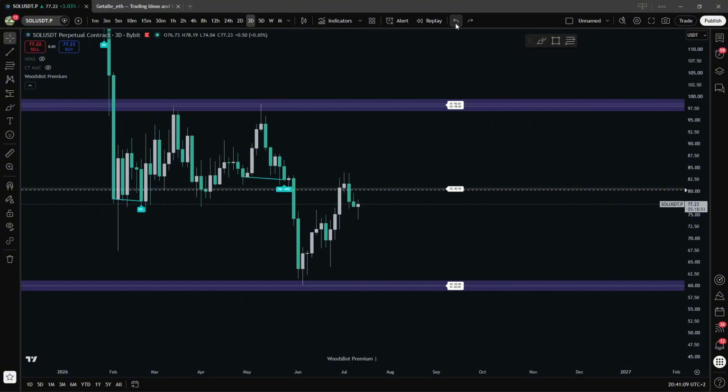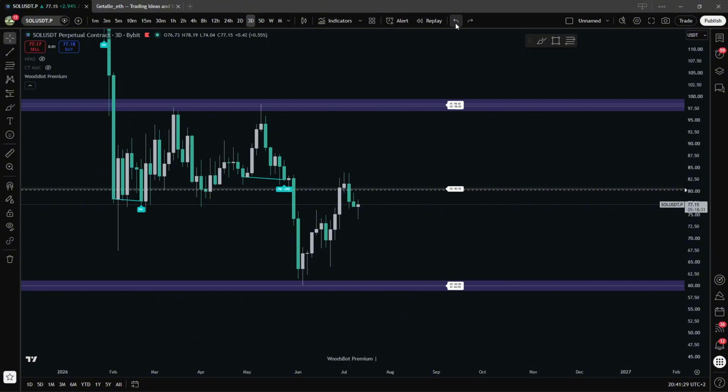So for me personally, I use market structure, I use the RSI indicator, the WoodsBot RSI, I use the WoodsBot Premium indicator, the confluence zones, I use volatility and Fibonacci as my confluences. But you can use anything as your confluence. It doesn't have to be RSI.